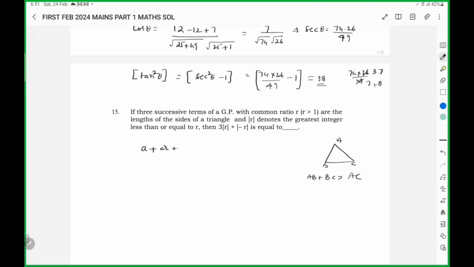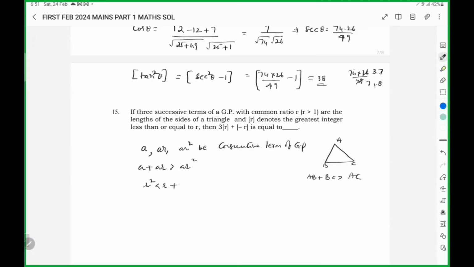So here the terms are a, ar, r square a, consecutive terms of the GP. That means a plus ar must be greater than ar square.